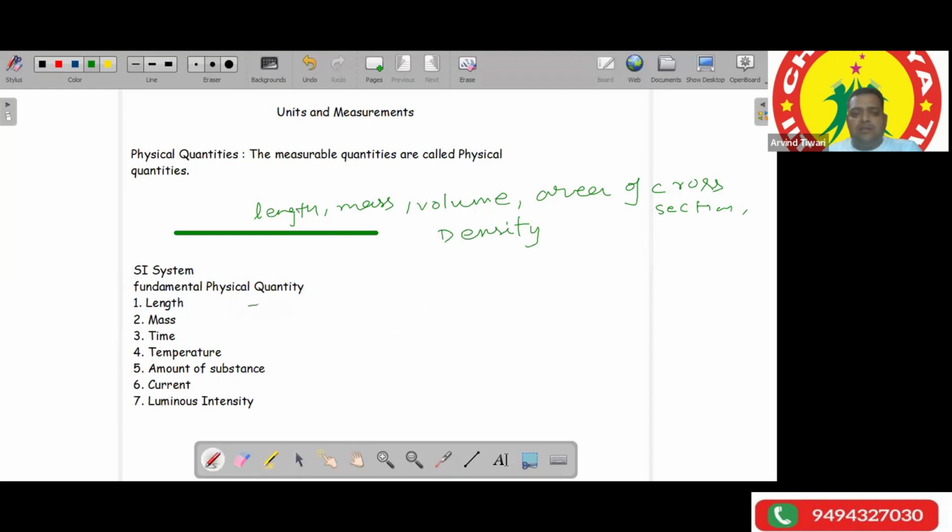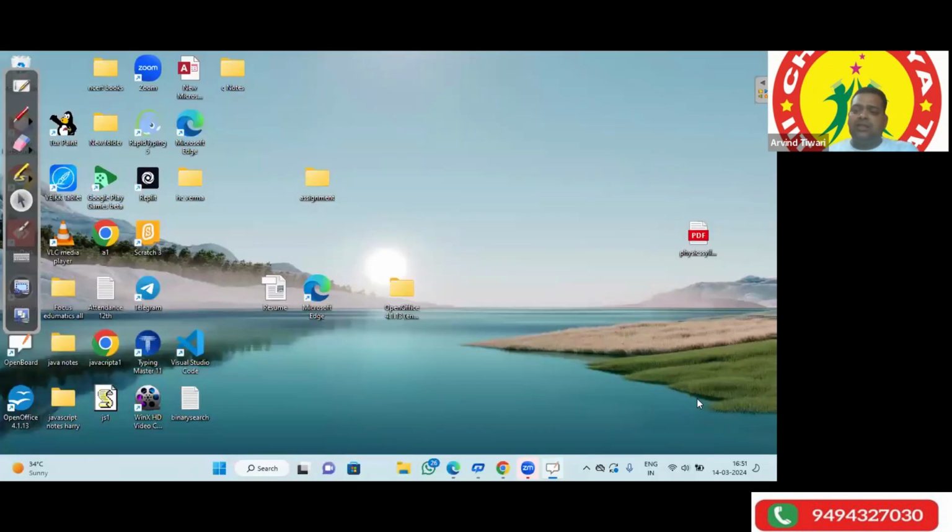Length can be measured in meter, in centimeter, also in foot. Some local people may also use hand span. So these are the different methods of measuring the fundamental quantities.